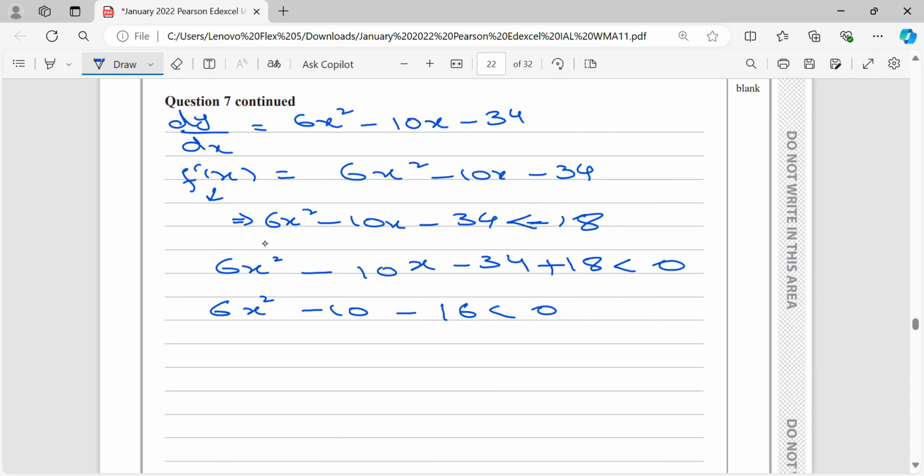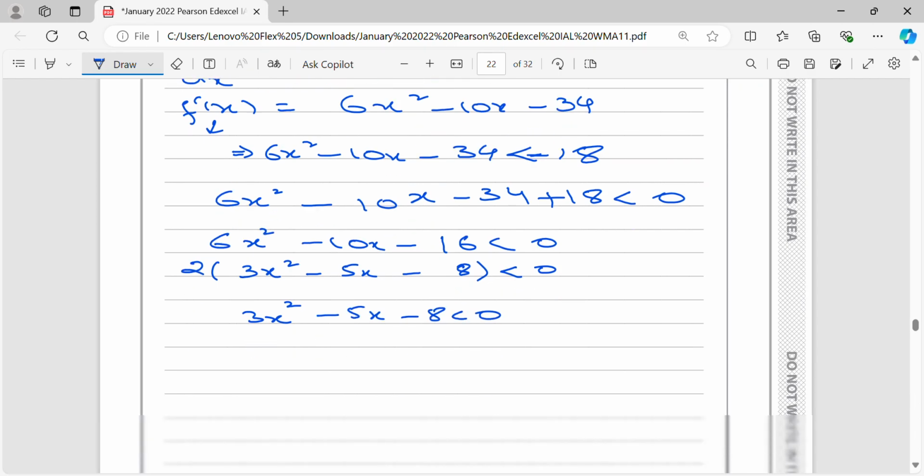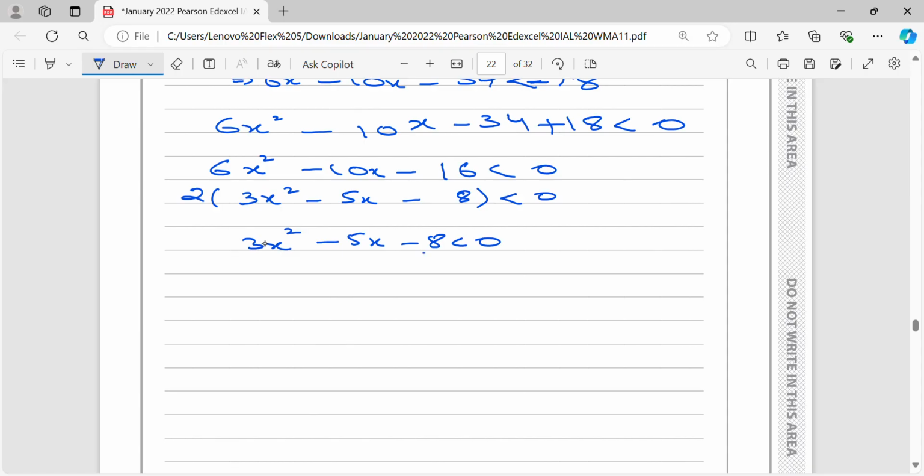Okay, I can factorize it here, or I can take 2 common just to simplify it. Otherwise you can factorize it directly. This is 2 times 3x squared minus 5x minus 8 is less than 0. Factorize it, negative 8, so product here is minus 24 and sum is negative 5.